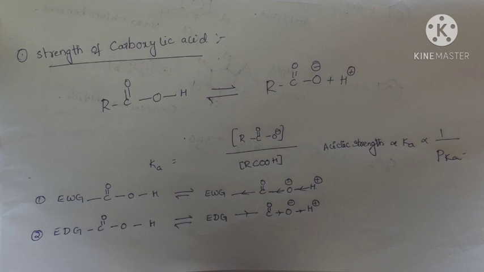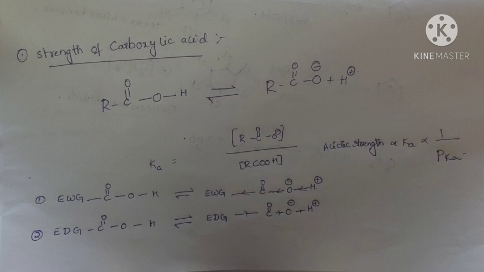So Ka equals products by reactants. In products, RC double bond O minus concentration, divided by the concentration of the acid RCOOH. Acid strength is directly proportional to Ka but inversely proportional to pKa values.